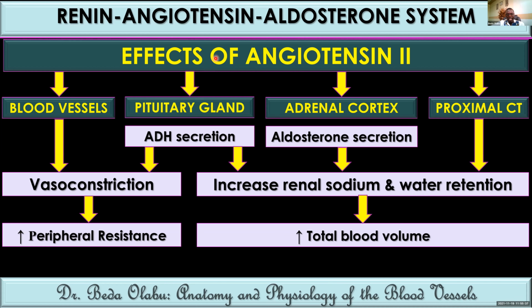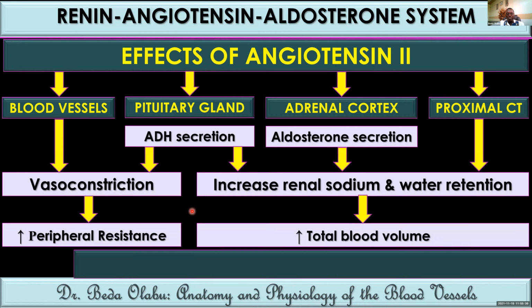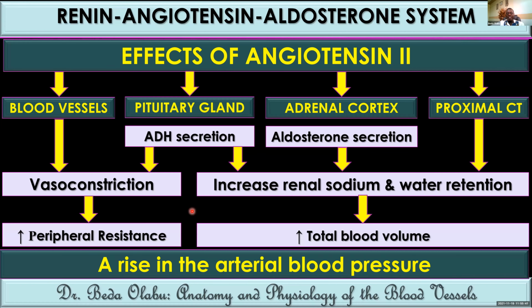So the renin angiotensin aldosterone system overall raises the arterial blood pressure. And that is why some antihypertensive drugs particularly target this one, because you see that the renin angiotensin aldosterone system is a long-term mechanism of blood pressure regulation. And so the drugs that target this system may give us some long-term effect in the management of blood pressure.